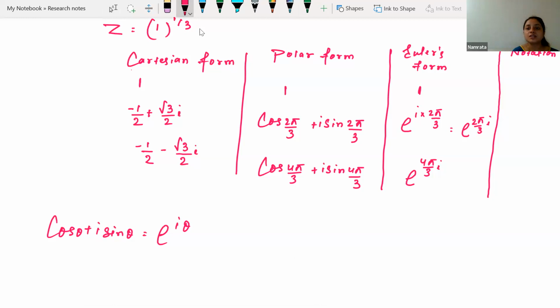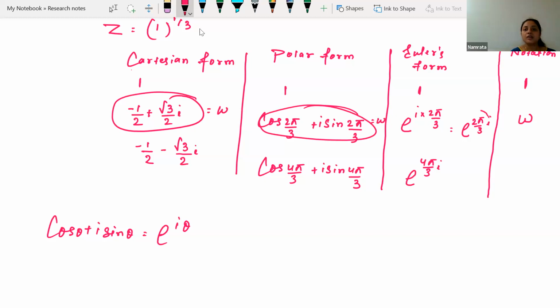So the first one is 1 only. The next one, a proper notation we are taking, is omega. When we say omega, it means the second result, that is -1/2 plus √3/2i. So a notation we have just chosen for the second value.